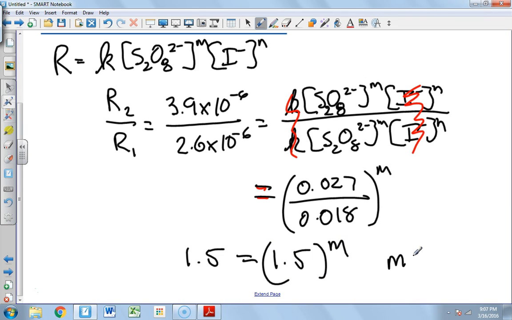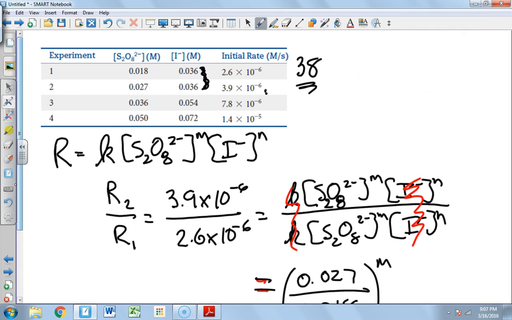So that means that m equals 1. Now, the dilemma is how do we figure out what n is, what the order is for I?